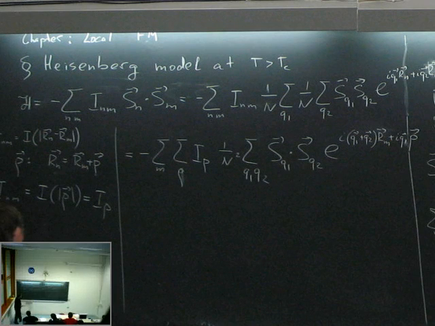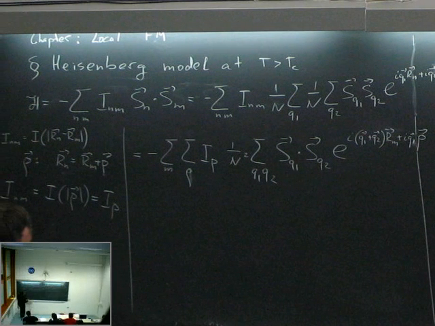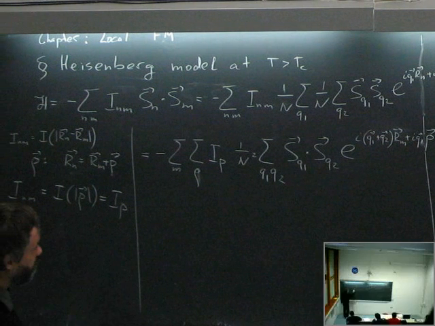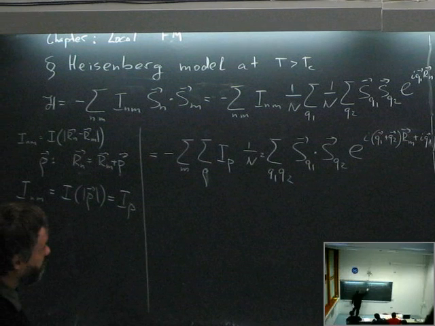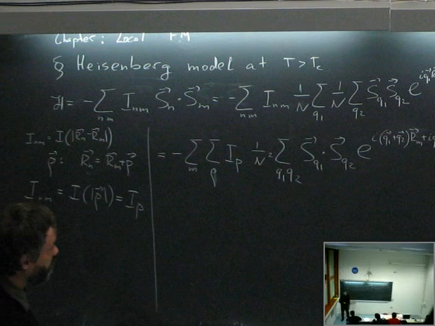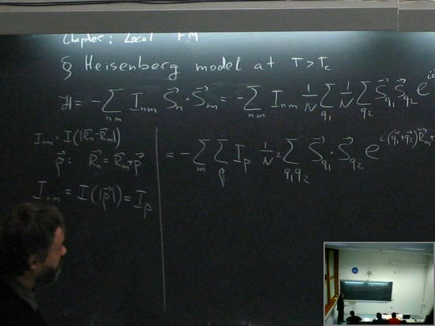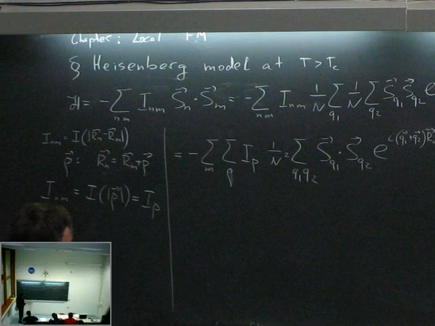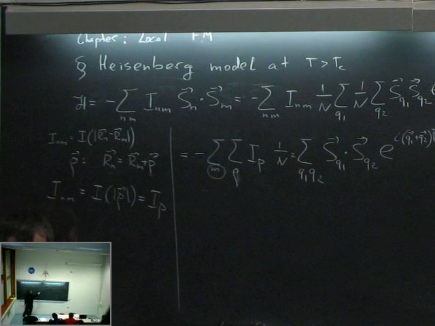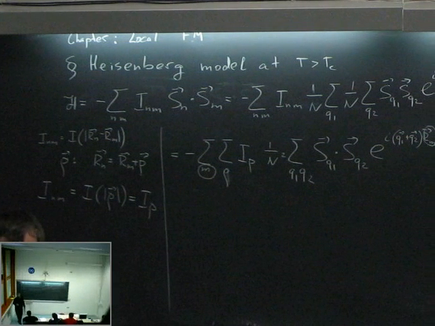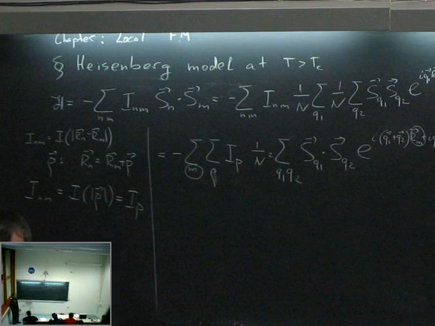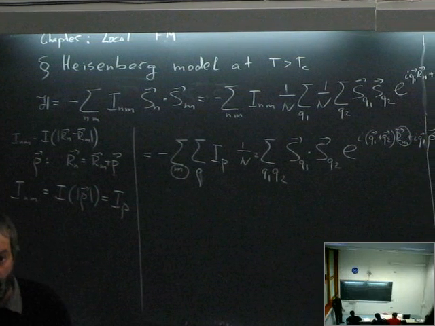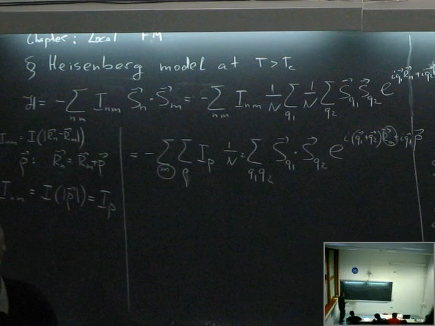But you see that R_m comes only here. Nothing else depends on R_m, and we know that the sum over m of the exponent to the power i q R_m gives us the number of sites times the Kronecker symbol for q1, q2.